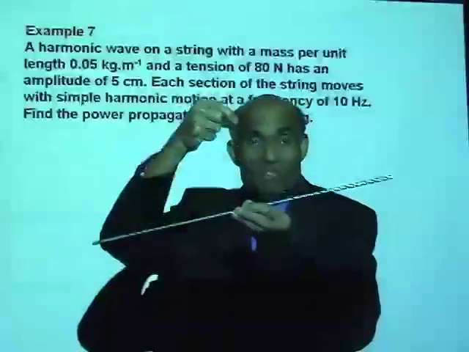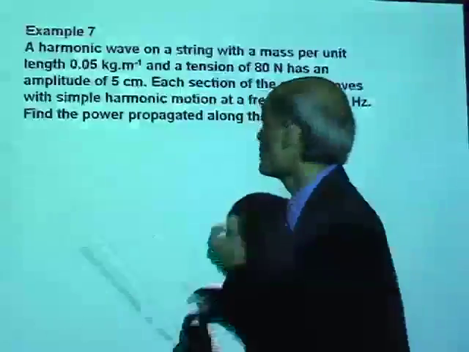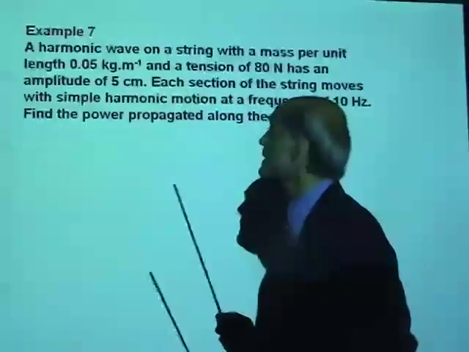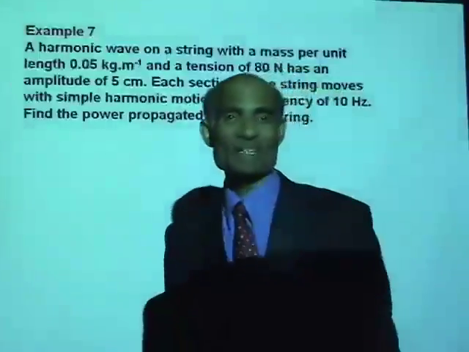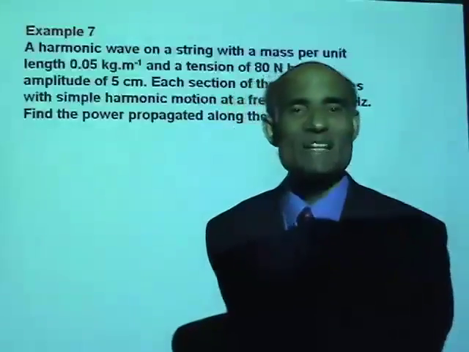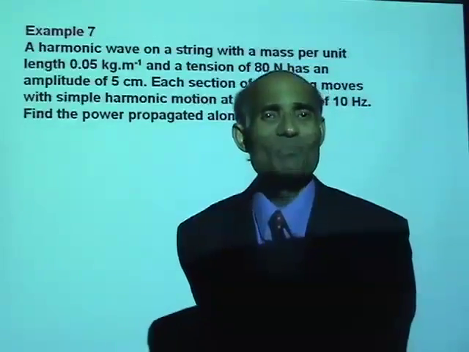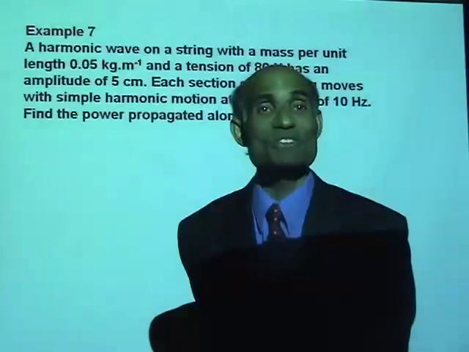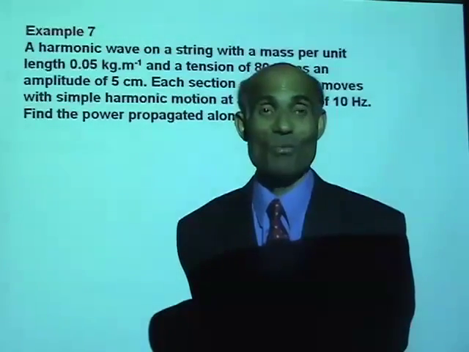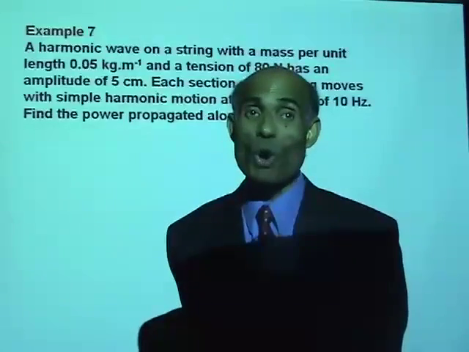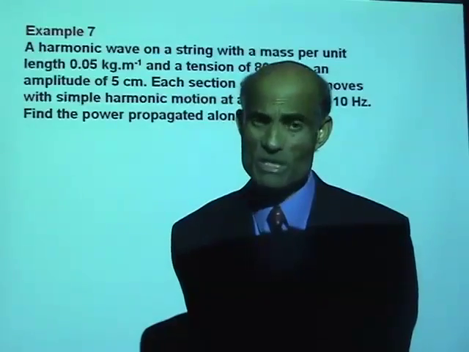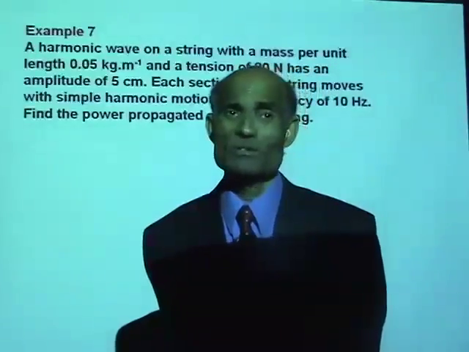Each section of the string moves up and down with a frequency of 10 Hertz. Find the power propagated along the string. Now, is there anybody who remembers that equation for the power propagated along a stretched string that we developed? Power, 1/2 mu omega squared A squared V. Is that right? Well, I hope so.